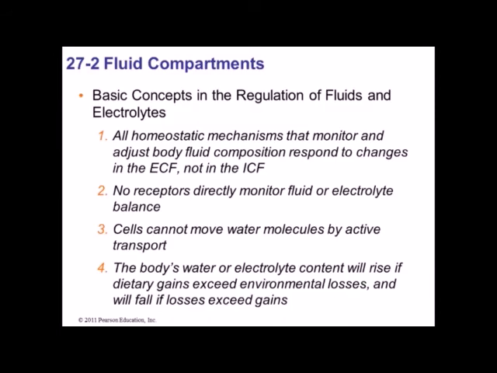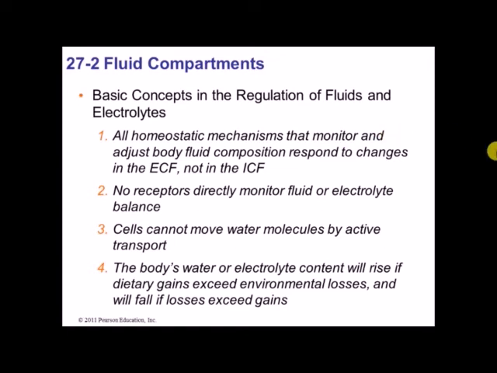So if we look at fluid compartments, some of the basic concepts in regulation of fluids and electrolytes in our body: the homeostatic mechanisms are going to be monitoring our extracellular fluid, not our intracellular fluid.